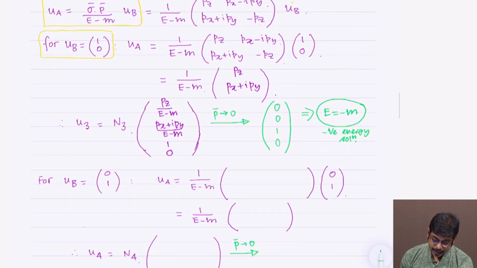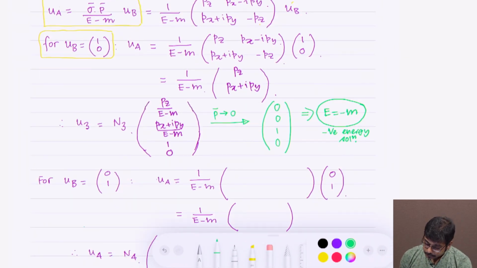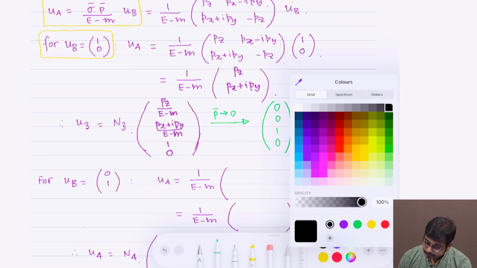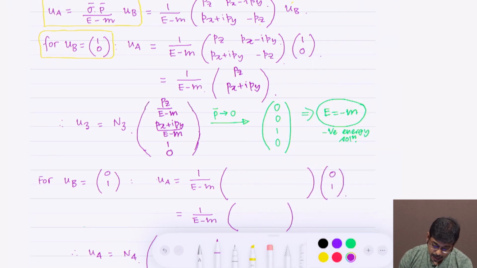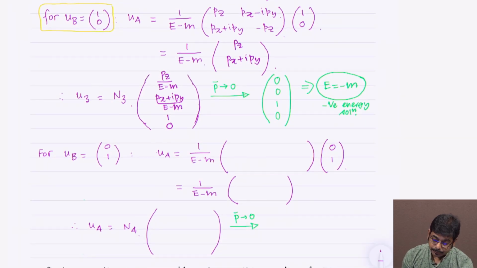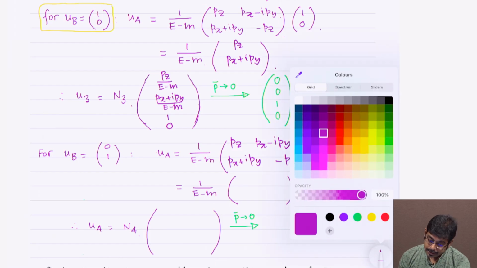All right. Now, let us take the other orthogonal combination and get the other solution. So, the other orthogonal combination for ub will be 0 1, and let us do this matrix multiplication. So, this is pz, px minus i py, and this is px plus i py, minus pz, times 0 1.